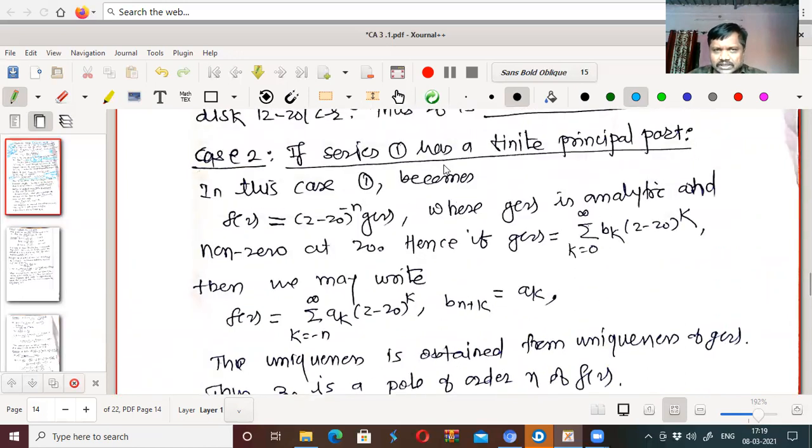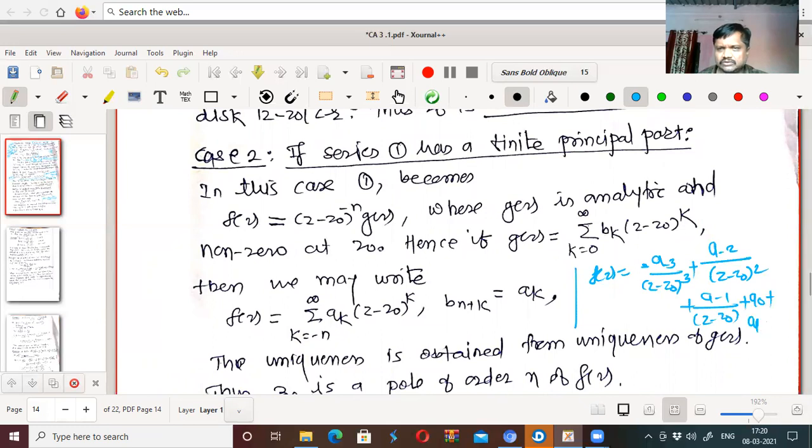Case 2: suppose the function has a finite principal part. Finite principal part means what? Suppose your f of z is equal to a minus 3 upon z minus z0 to the power 3, plus a minus 2 upon z minus z0 to the power 2, plus a minus 1 upon z minus z0, plus a0 plus a1 times z minus z0 plus a2 times z minus z0 squared, and so on.